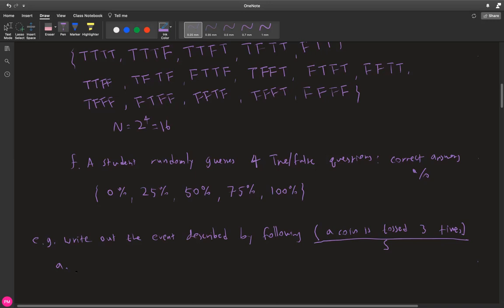Problem A would say the coin comes up heads exactly once.